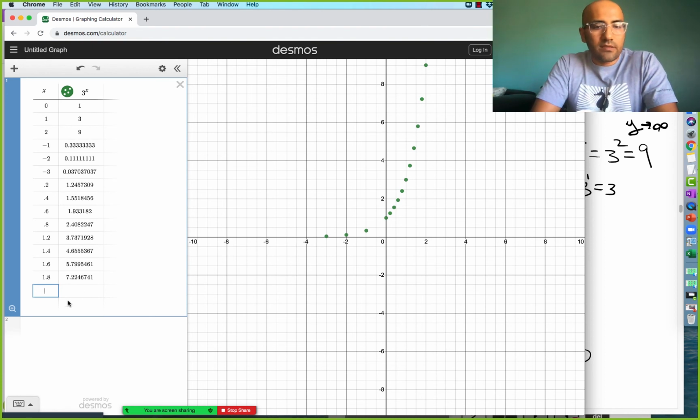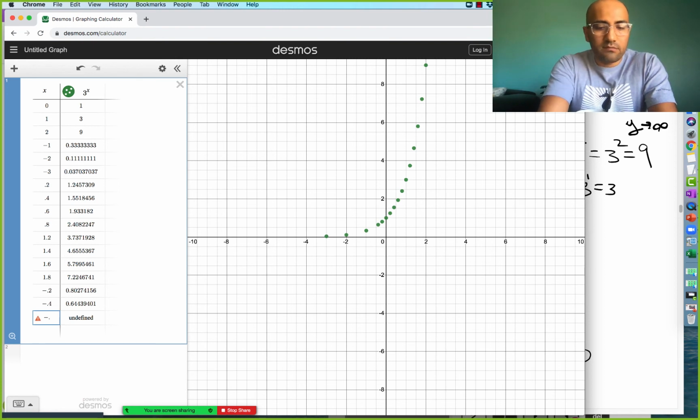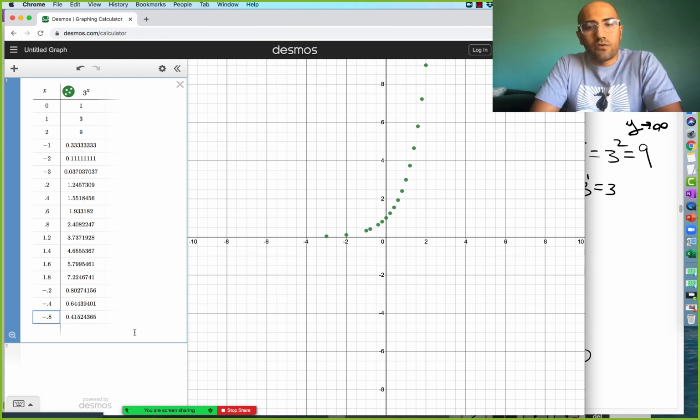Right? How about some other values over here? How about -0.2 and -0.4 and -0.8? Okay, so you start to see what the shape looks like. It's going to have this sort of shape.